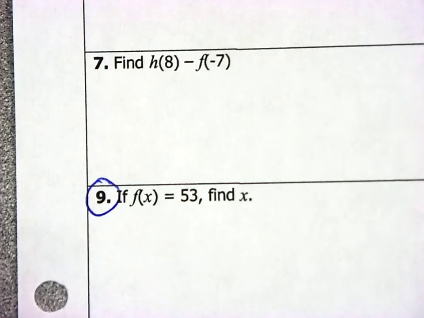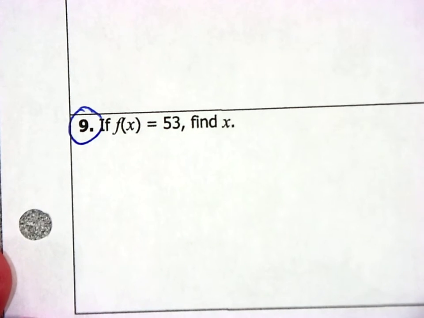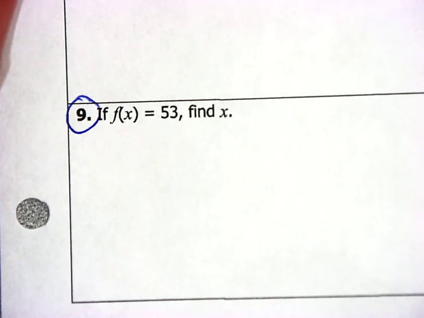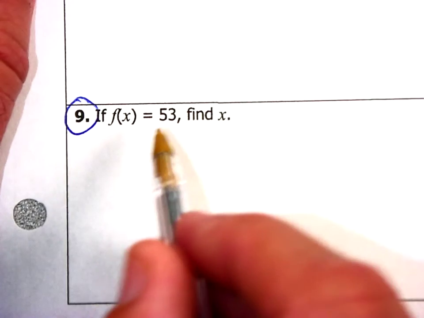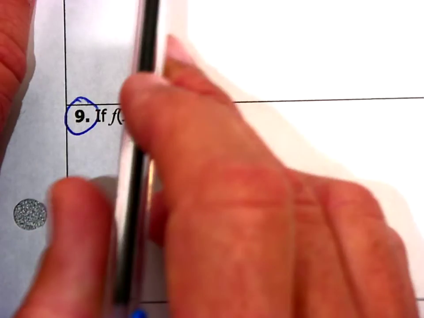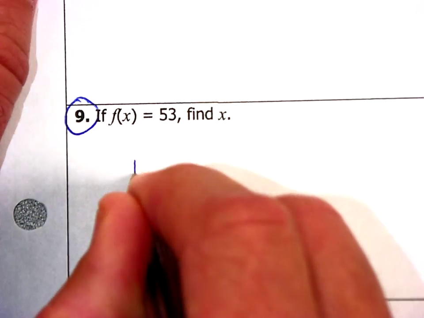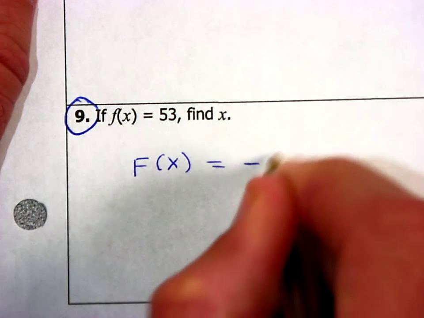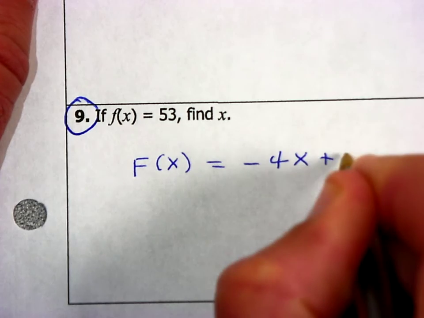All right, now let's do functions. Number 9, we'll skip to. It says if f of x equals 53, find x. Well, the first thing you have to do is find the f function, and the f function is listed up here. The f function says f of x equals -4x plus 1.